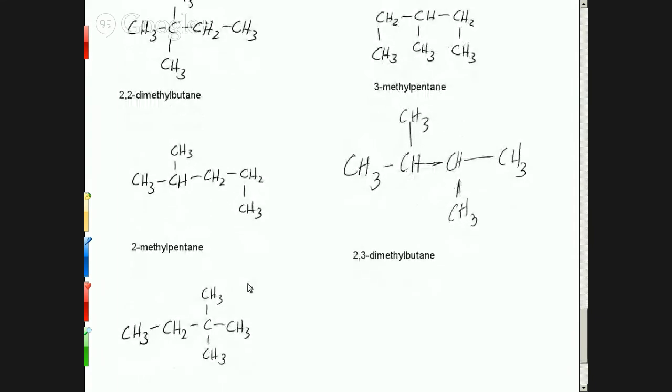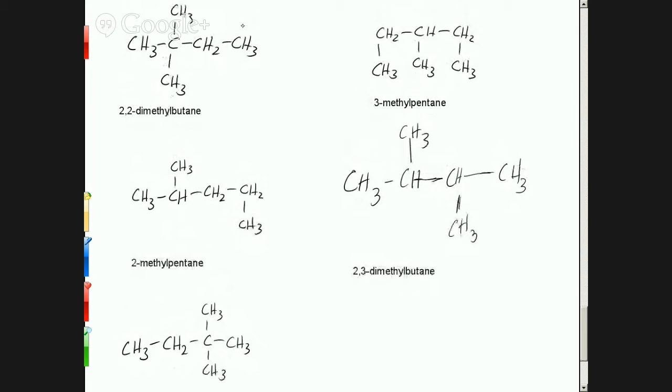So 3,3-dimethylbutane is actually the same as 2,2. It's just flipped over. You see that? Because if we were to actually go name this molecule, we would start counting over here and go 1, 2, 3, 4 to give us lower numbers. So that's why this one doesn't count as a separate isomer, because it's the same as 2,2.